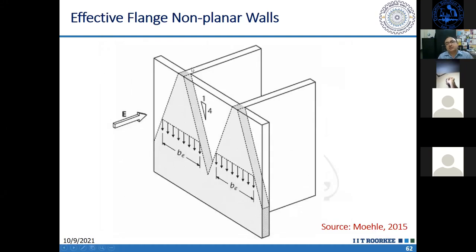Then in case of a flanged shear wall, the flange provides additional capacity to the bending action. So an appropriate flange width is needed. Expressions for this flange width are available in both the codes. The maximum width can be equal to 1/10 of the height. So whatever is the height of the shear wall, 1/10 of that can be considered as the effective flange width.